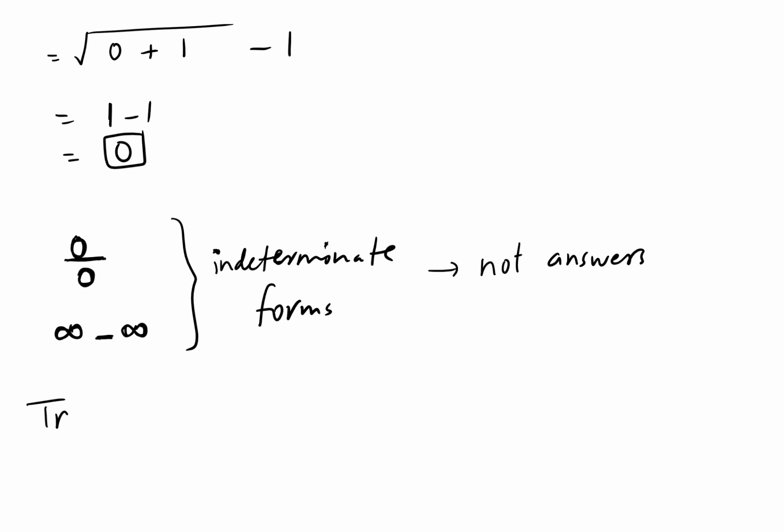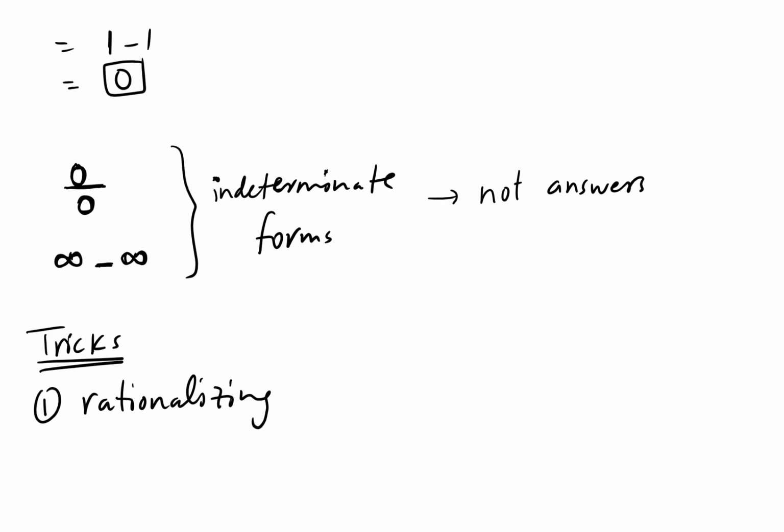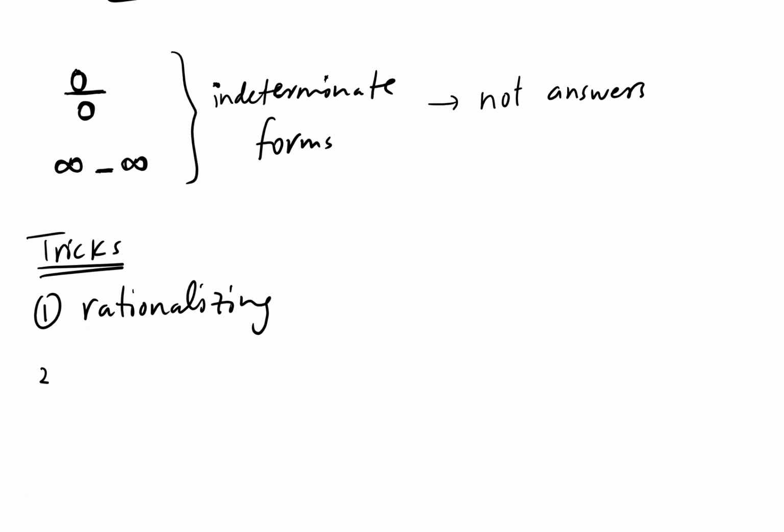The tricks that we use, I'm going to list them out right now. One of them is rationalizing, sometimes numerator, sometimes denominator, depending on the problem. That's when we have radicals. The other one is sometimes factoring can resolve the problem. You do factor and then you cancel. Expanding, it's another trick.